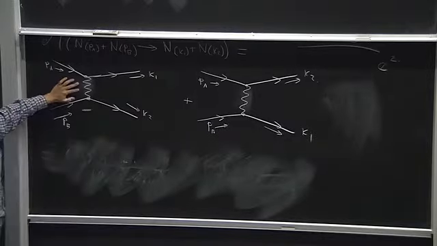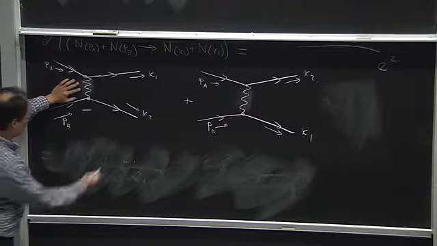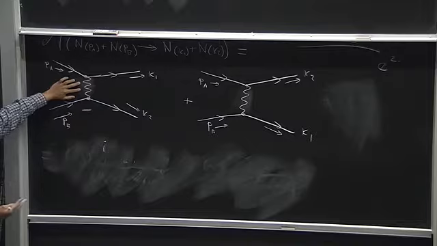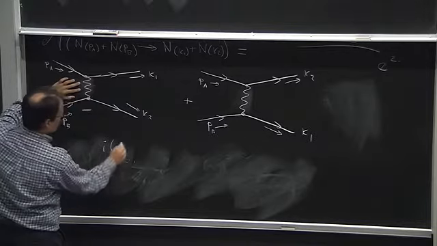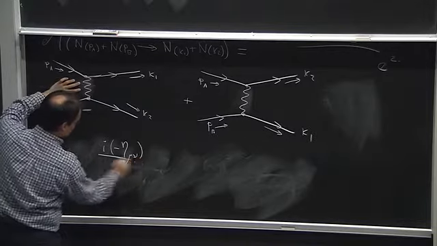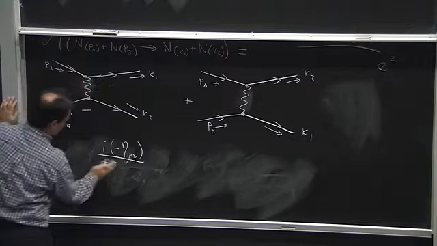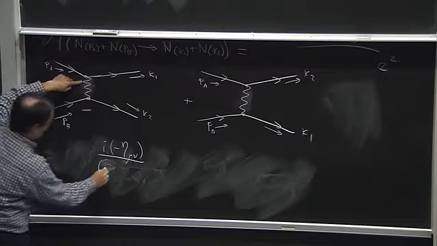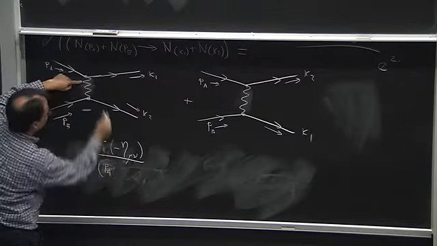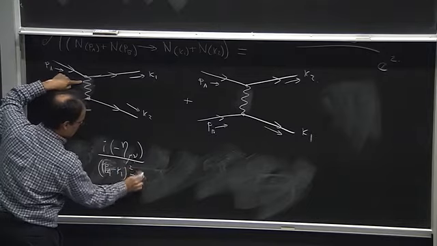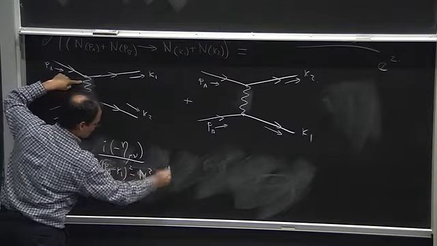The propagator. Let's start with the propagator. The propagator is not just I over k squared, right? It's minus I eta mu nu over k squared. This k squared is, okay, let's try it: (PA minus K1) squared minus m squared plus I epsilon.